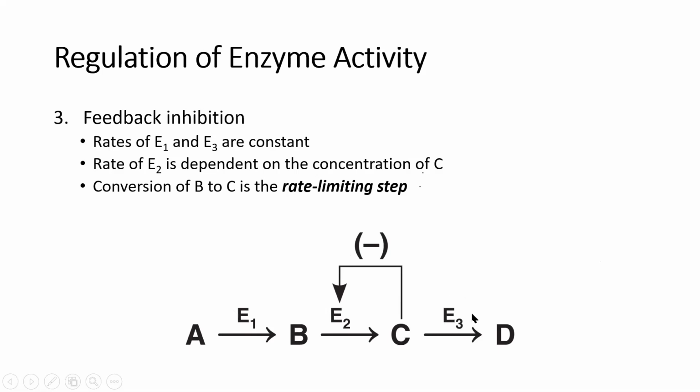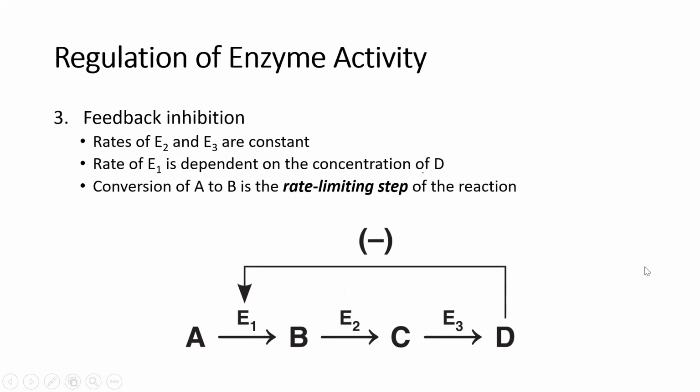The rate limiting step, the step that is determining the overall rate of the reaction, is the conversion of B to C via enzyme 2. So the concentration of C will determine the rate of enzyme 2. That makes sense, right? If we've got a lot of C building up, then we want to turn down or turn off the rate of C and decrease the amount of product C that starts to build up.